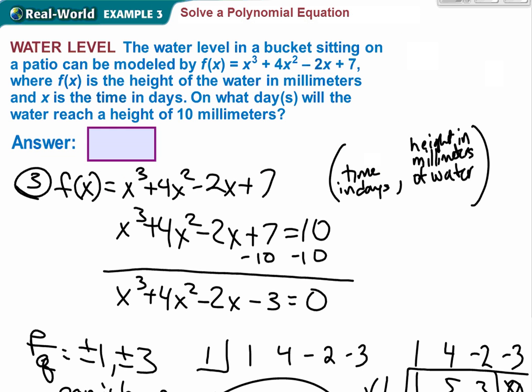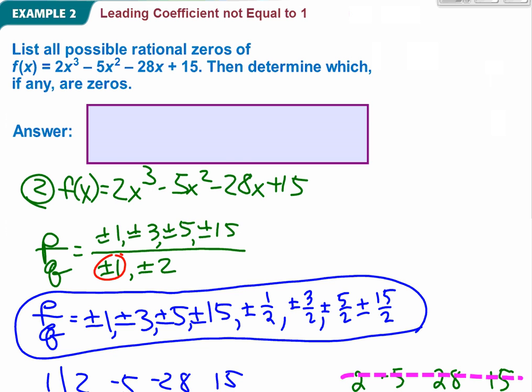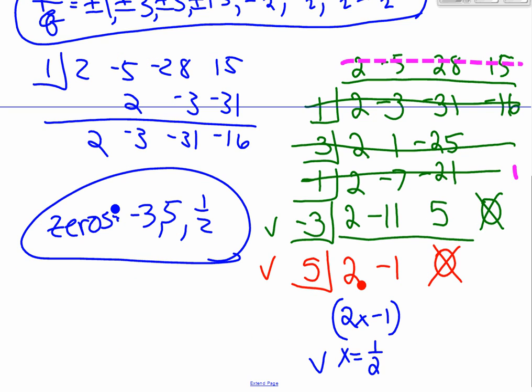If you're not sure of that, in this one, I didn't do them all, f of 1 is -16, correct? And we didn't do the rest of these, maybe we should have, but f of -3 is 0. That's how we knew it was a root.